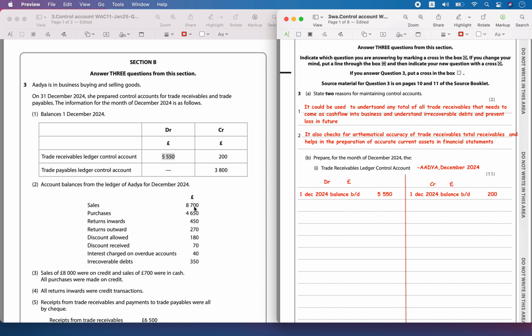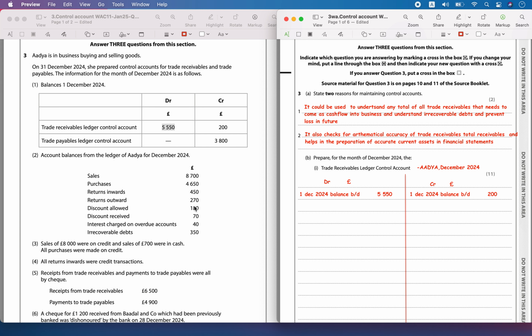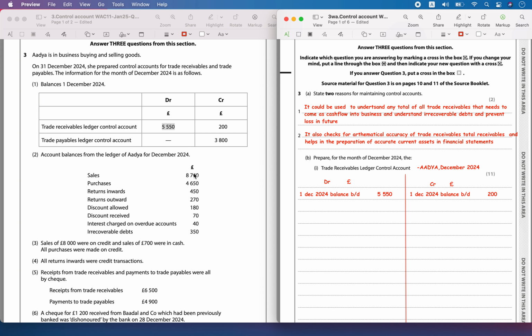Then let's see what the sales that has happened. Sales 8,700, purchases were 4,650, and the other things are given. Sales 8,000 was on credit and sales 700 was for cash. All purchases were made on credit. So we include only the credit sales.